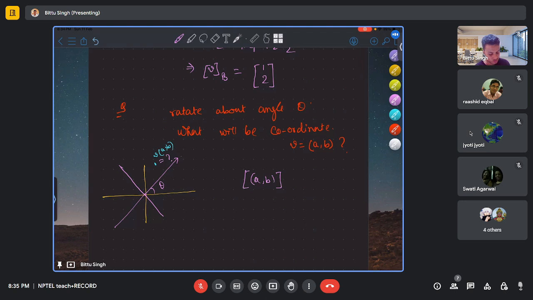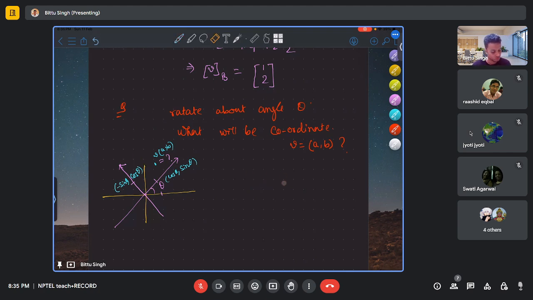These two axes will correspond to the new basis, because after rotation e1 becomes (cos theta, sin theta). Sorry, e1 is now (cos theta, sin theta). And similarly, e2 becomes (minus sin theta, cos theta).